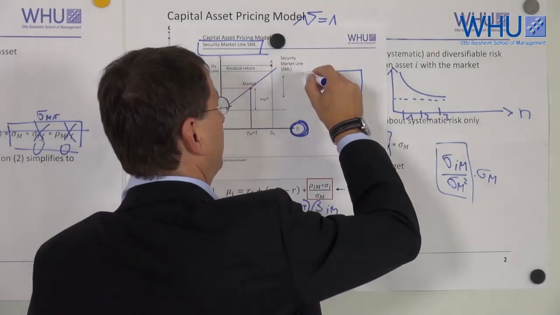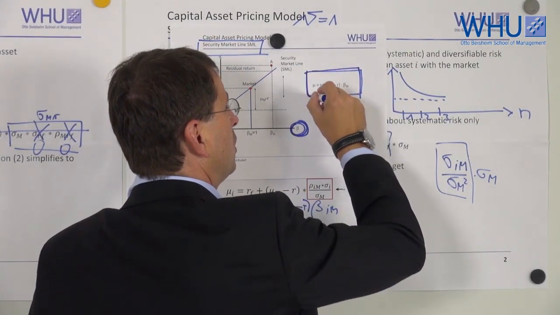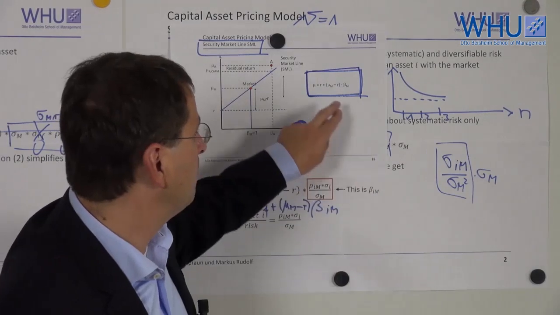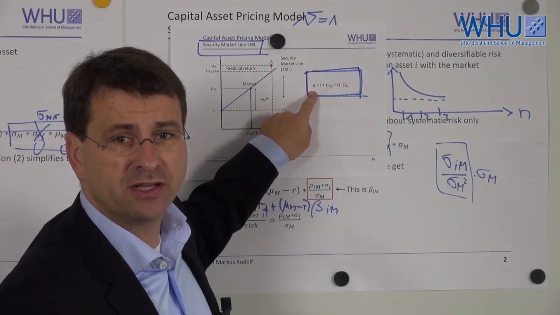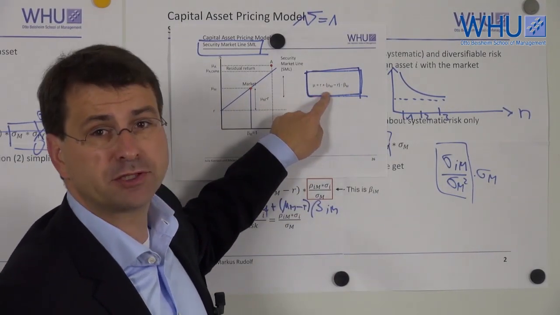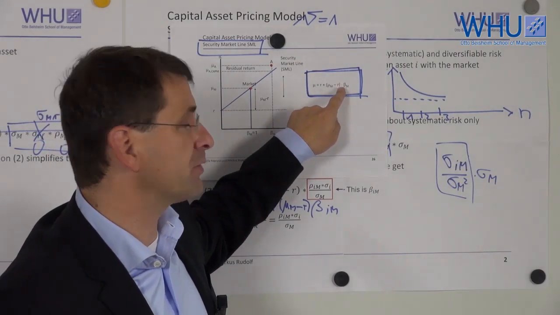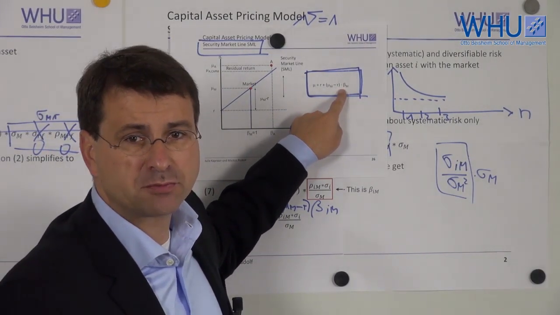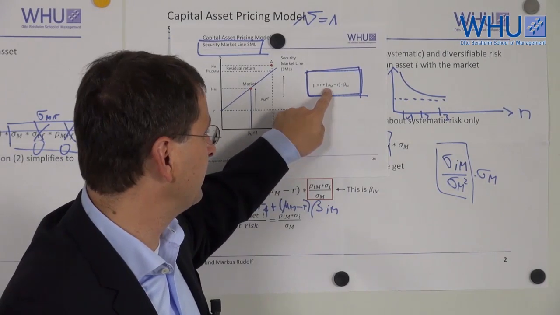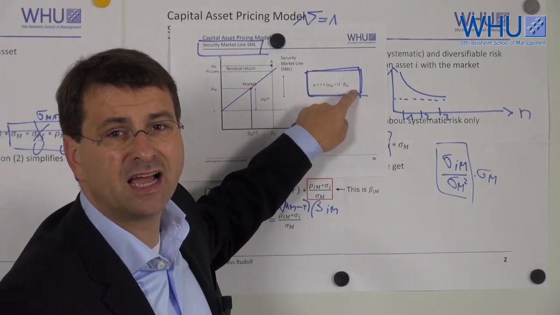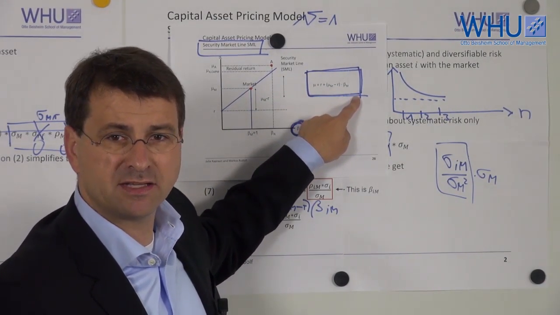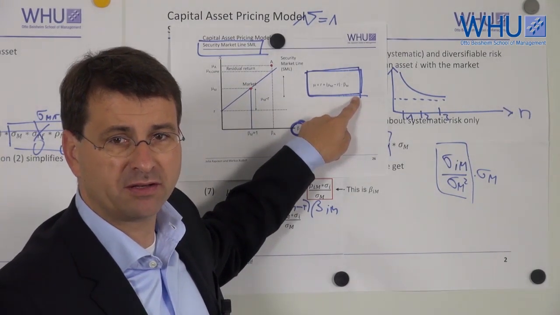Here again we have the analytical expression of the security market line. Mu, which is the expected return on any asset, is equal to the risk-free rate of return plus a risk premium, and that risk premium is equal to the expected excess return on the market times the beta of our asset with regard to changes in the market.